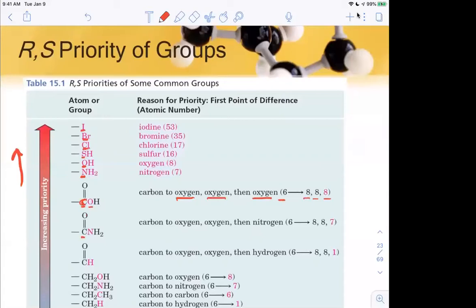The carbon is atomic number 6, and it's attached to 8, 8, 8. Well, this carbon is also 6. I have to be able to differentiate it from my carboxylic acid. I have my doubly bonded oxygen, so I count oxygen twice. And then I have a nitrogen. So this carbon is bonded to the 2 oxygens and then a nitrogen, which has a lower atomic number. So this amide is lower in priority than this carboxylic acid.